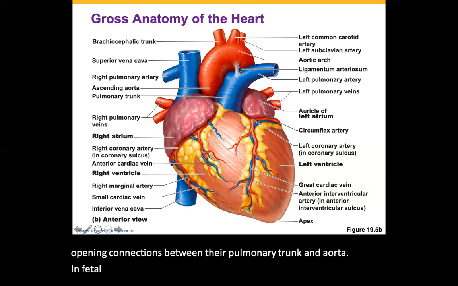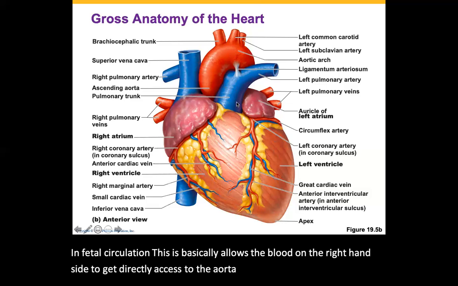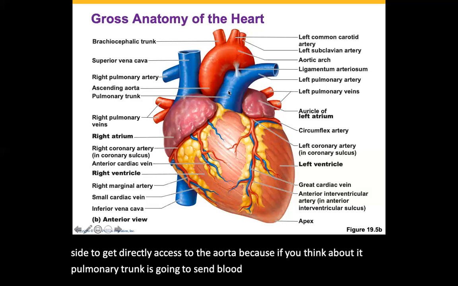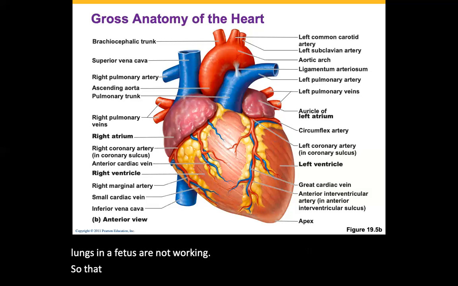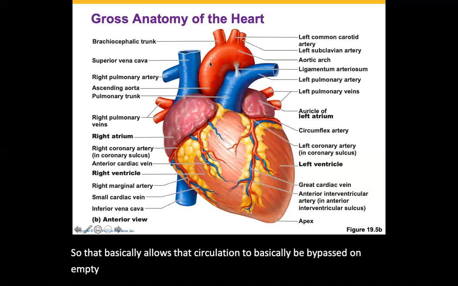This basically allows the blood on the right-hand side to get direct access to the aorta. If you think about it, the pulmonary trunk is going to send blood to your lungs. However, the lungs in a fetus are not working. So that allows that circulation to be bypassed and empty all of its blood into the aorta.